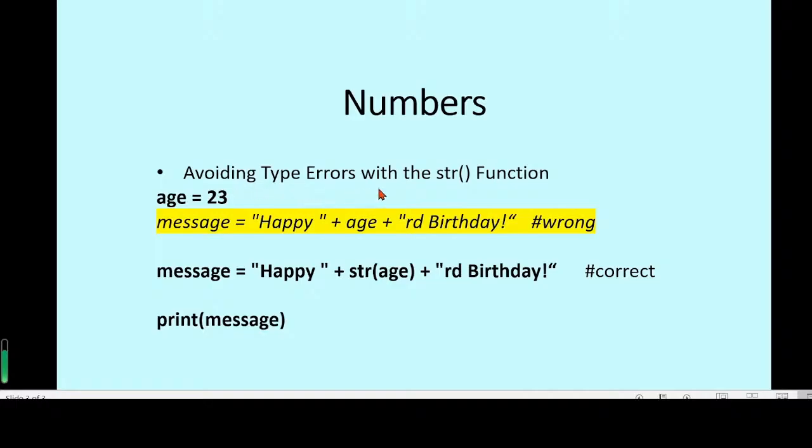And avoiding type errors with the str function. So age is 23. Next, if we create a string variable called message equals happy plus age plus birthday, then it will have an error, because Python does not allow you to add a numeric variable to a string directly, so you have to transform this numeric variable to the type of string before adding together.